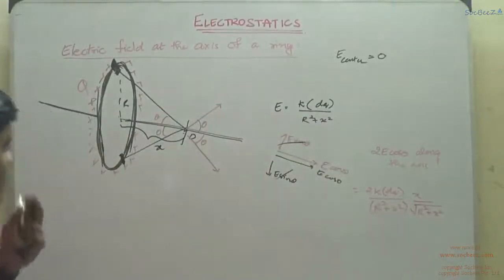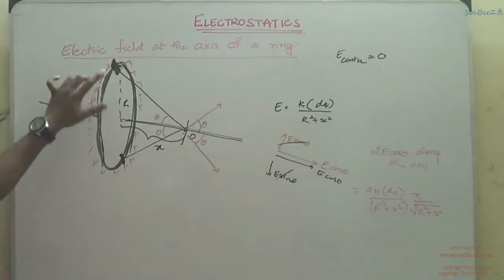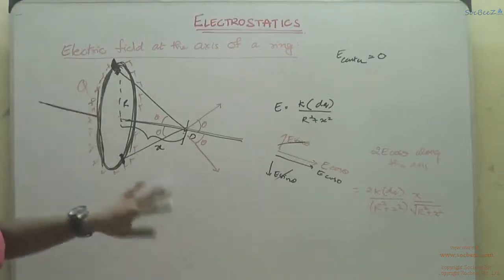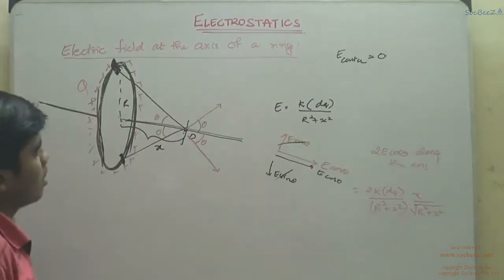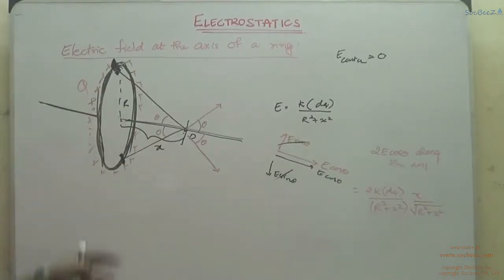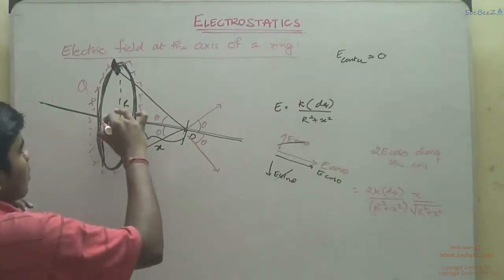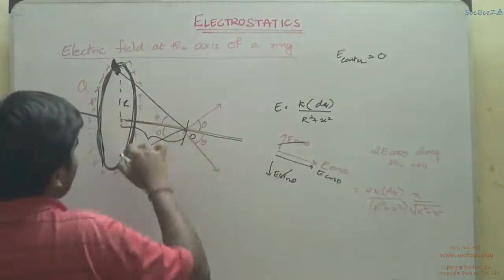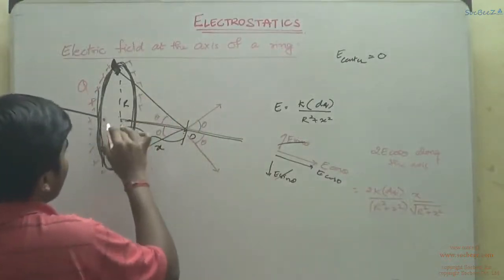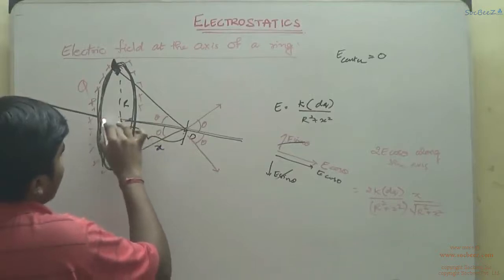Now see, if we take any point, it is very true that we can always find a diametrically opposite point to that in the ring. So if I start here, taking this point would mean that I am taking the effect of this point also.